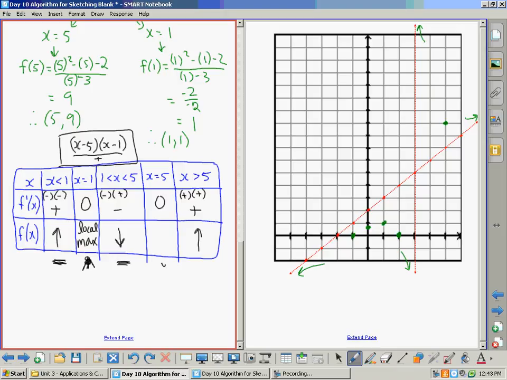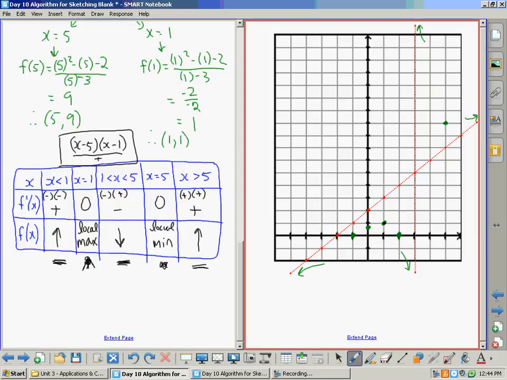And then the other part, when I'm looking at this spot here, I see it's decreasing before, increasing after, and so that means that this must be a local min. And so that information is important for this point, which I know now for sure is a max, and this point, which is a min. And so when I do my sketch, I have to recognize that the graph can't go below that second point or above the other one.